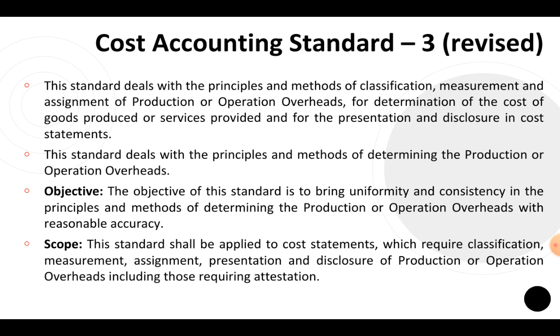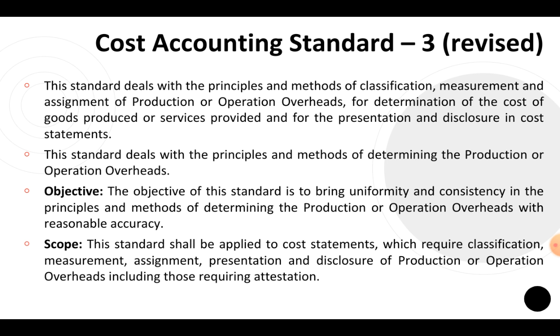So the cost accounting standard will help firms to deal with these overheads by providing them with various principles and guidelines for classification, measurement, and assignment of overheads. So this standard basically deals with principles and methods of determining the production or operation overheads. The main objective of this standard is to bring uniformity and consistency in the principles and methods of determining the overheads with reasonable accuracy.